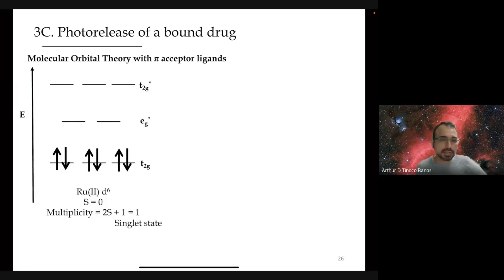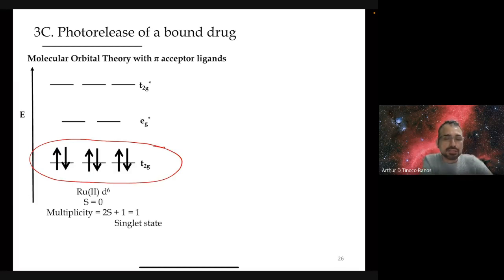So here, if we're focusing on this arrangement of electrons in the t2g orbitals, these will be the metal character orbitals, then you will have the low spin, a spin of 0. That leads to a multiplicity of 1, which is a singlet state, right? So multiplicity equals 2S plus 1, and that equals a value of 1.